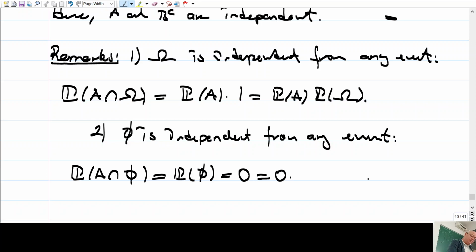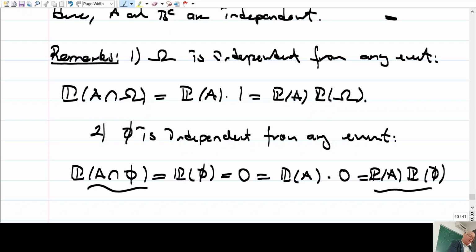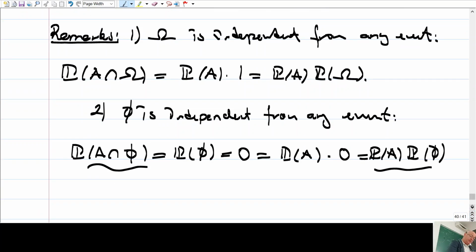And 0 is just PA times 0, and 0 is just the probability of the empty set. Therefore, this probability is equal to this probability. Hence, A and the empty set are independent.